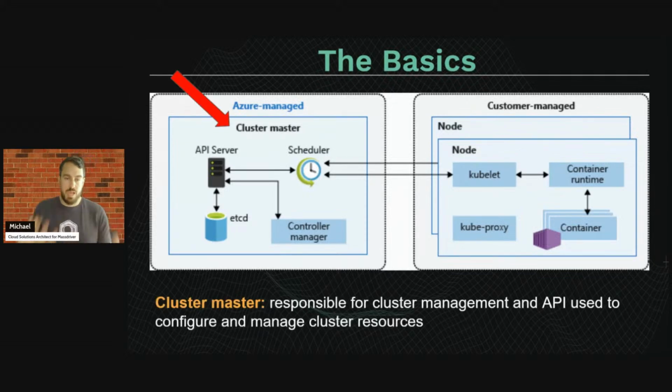So the cluster master, also known as the control plane or the master node, is responsible for cluster management and providing the API that is used to configure and manage resources within the cluster.